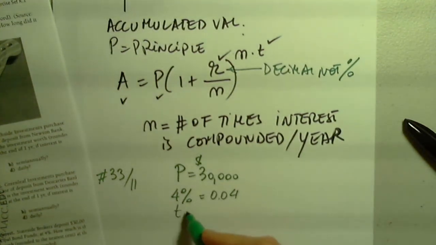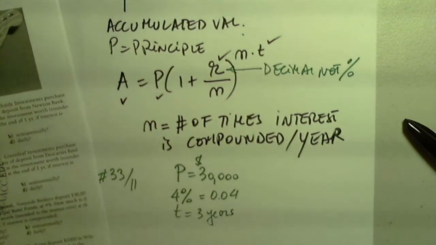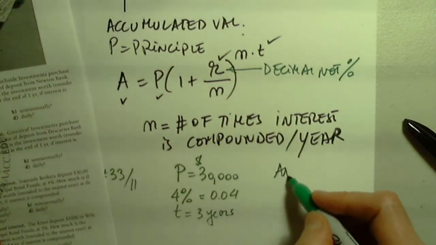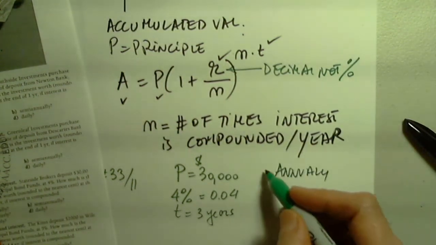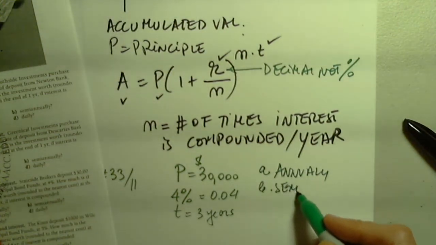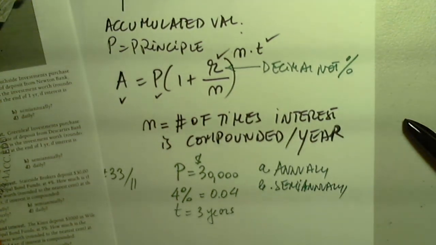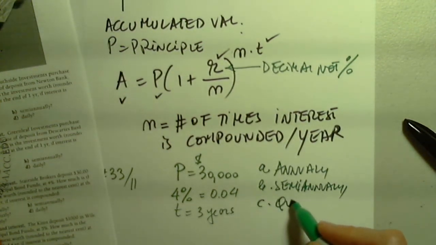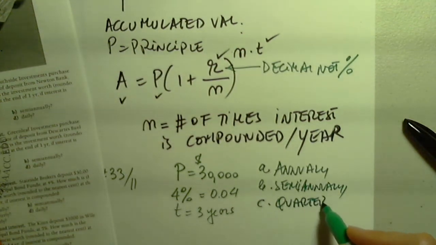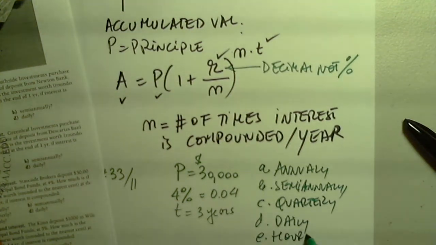After t equals 3 years, if the interest is compounded annually, that's part A, semi-annually, quarterly, daily, and hourly.